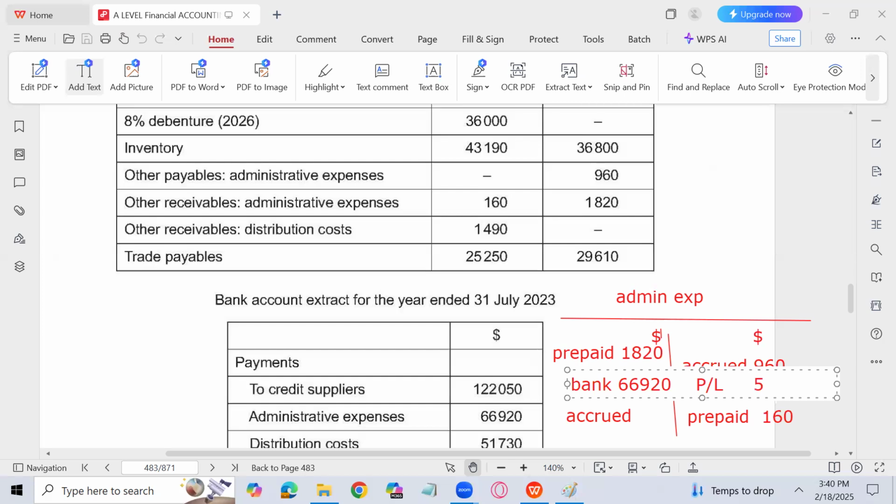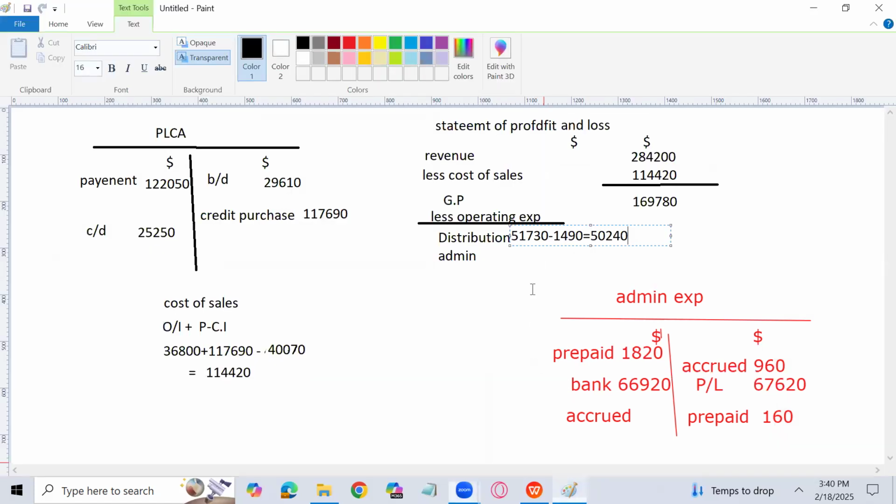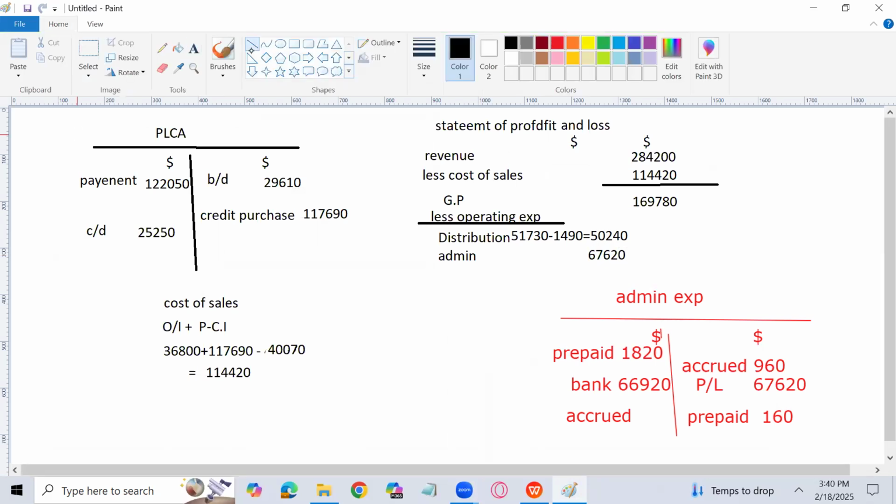Six seven 620. So 67620 is the profit and loss statement figure for admin expenses. So I will write here 67620. I will add the expenses and I will get the total operating expenses for the year.